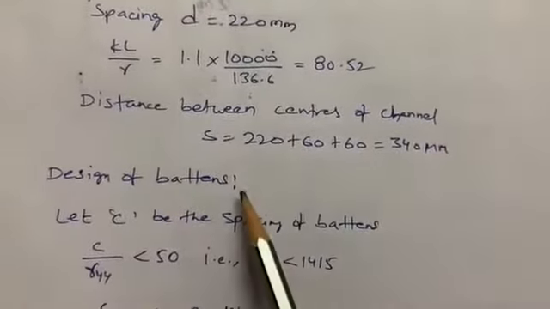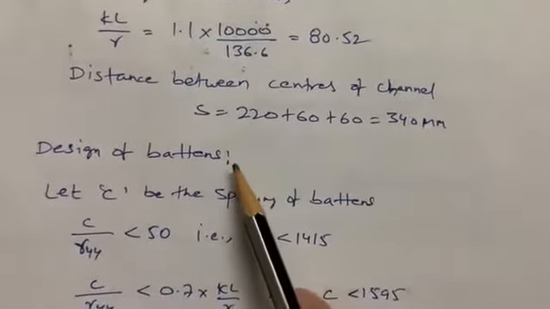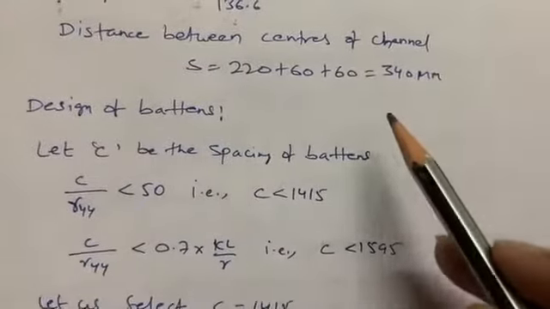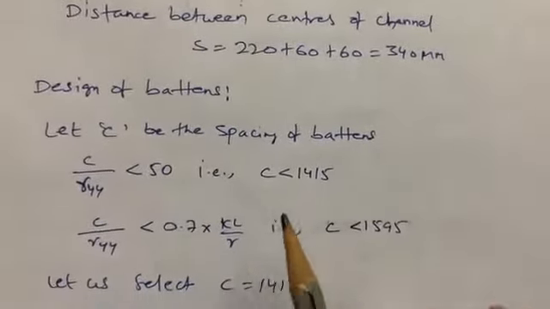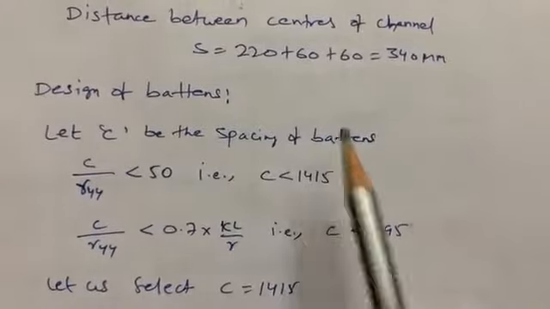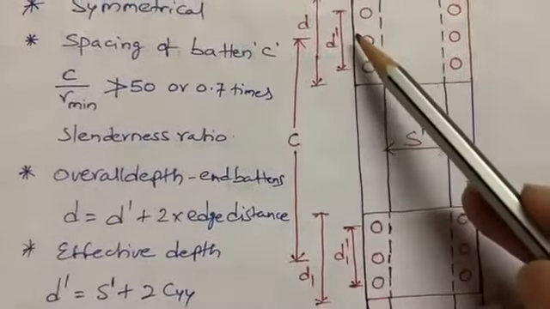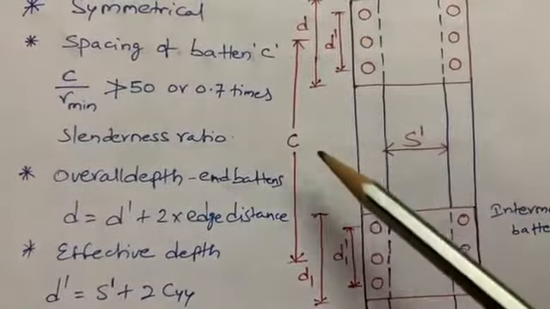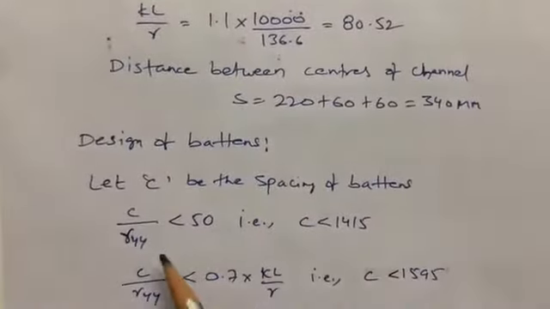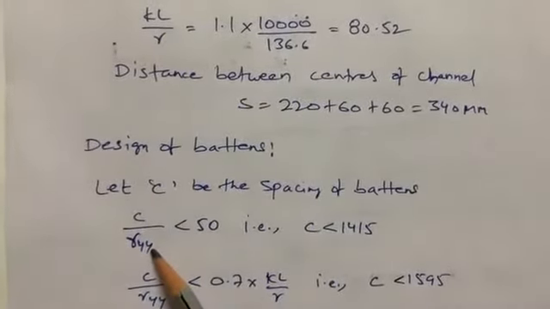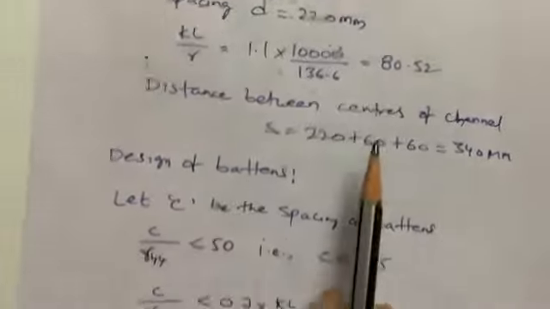Next, after calculating this, we need to calculate the design of battens. While designing battens we need to follow the IS 800 2007 specifications. So C is the spacing of the battens. From batten to batten, how much distance we need to provide, we need to know. This is the C value, from this batten to this batten. So for spacing between battens, the condition is C by ryy less than 50. The ryy value is available in the steel tables book for the ISMC channel section.